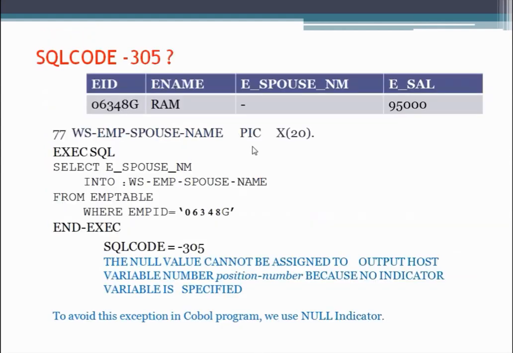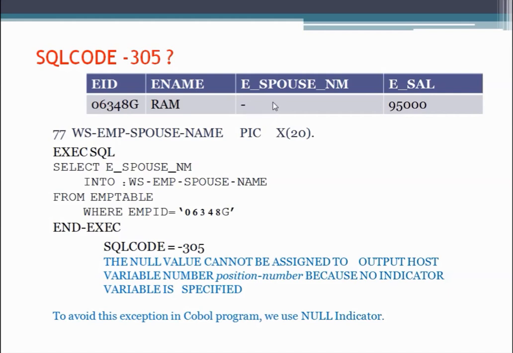Let's assume that this is the employee table where for this employee the spouse name is null, and now we are using embedded SQL. There we are trying to retrieve the employee spouse name for this employee ID. In this case, the receiving field is of type X(20), but as a result we will be getting null, which is undefined.